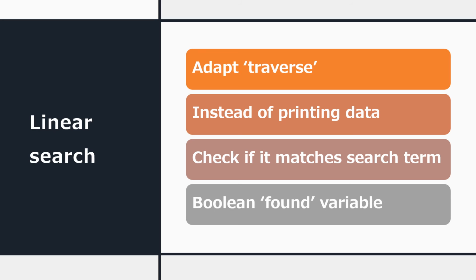We could adapt our code, which we've already written, to traverse the list. And instead of printing each data item, we would check whether it matches the search term. And we could have a Boolean variable for found, which starts at false and changes to true if we find a match to the search term. So see if you can write that code without any help from me.